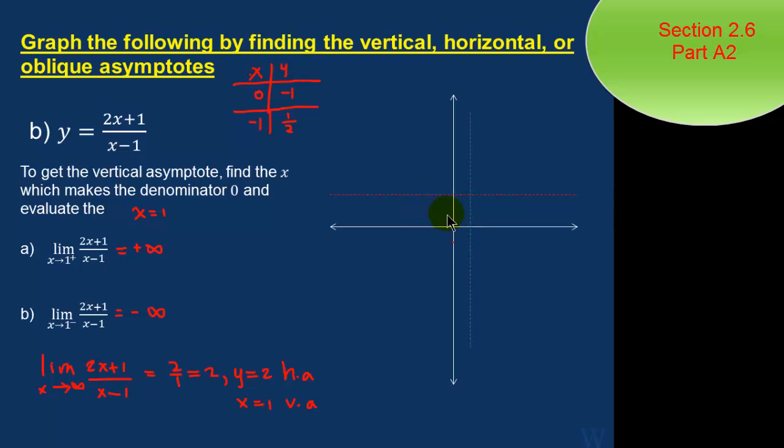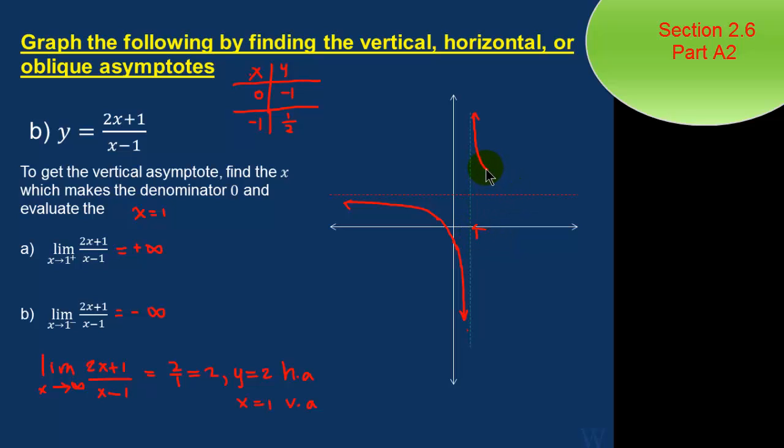So what we have is the graph will approach our horizontal asymptote. And on this other side it'll approach the vertical asymptote, where it goes to minus infinity as I approach 1 from the left, and it approaches plus infinity as I approach 1 coming from the right.